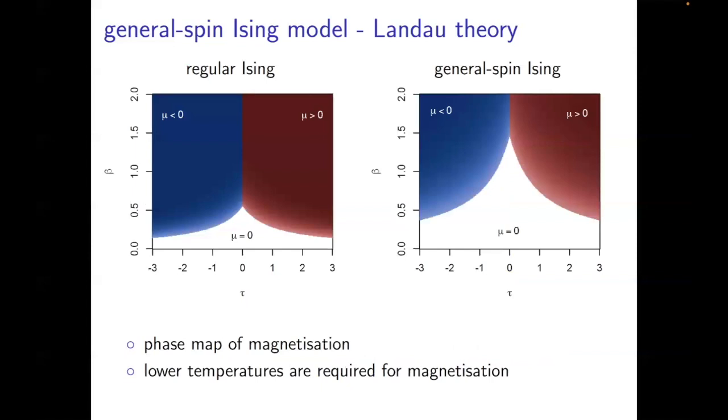So if you look at the phase maps in terms of external field and inverse temperature, then you see the difference between the regular Ising model and the general spin Ising model: here you need lower temperatures in order for the magnetization to get working, which is also what we see from the previous pictures.